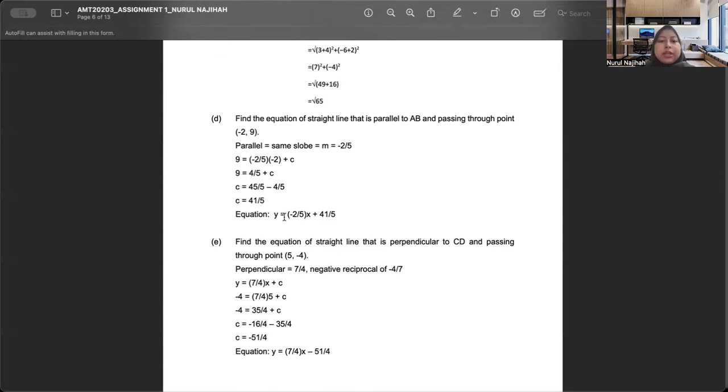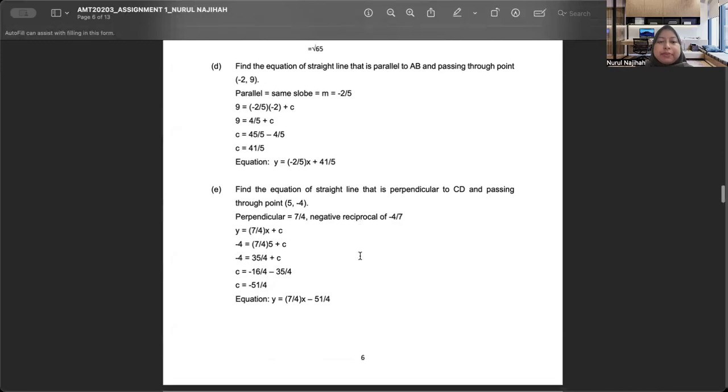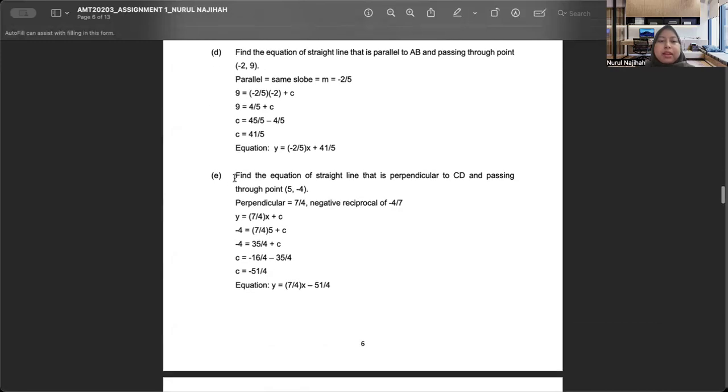And then after we have found out the c, we can replace: y equal to -2/5 x plus 41/5. And then E.